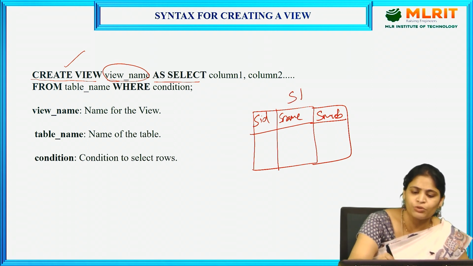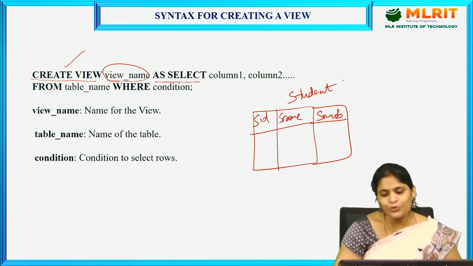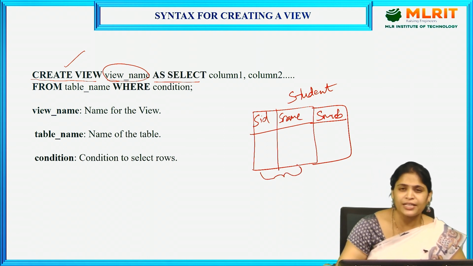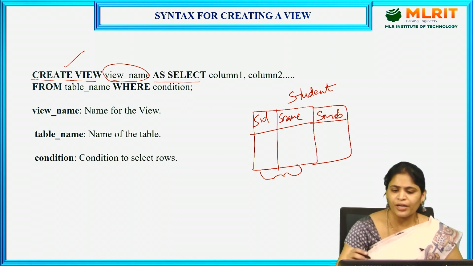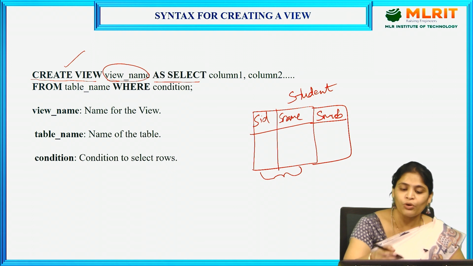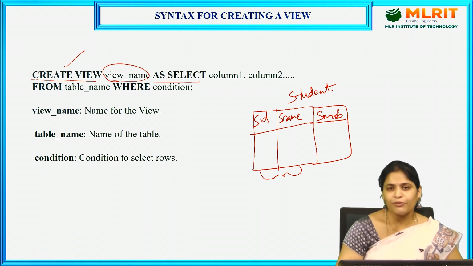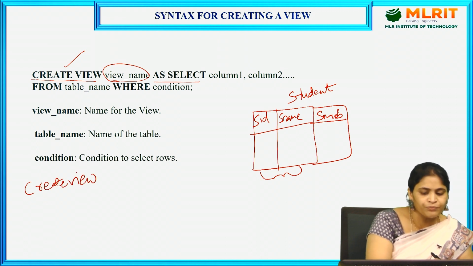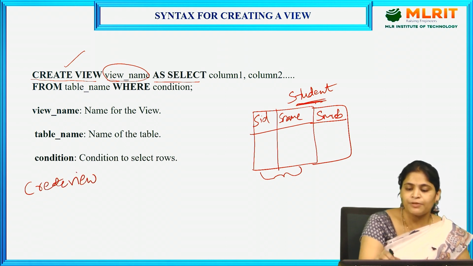This is the student table. Now the user wants to view only these two columns, SID and SName. The user may not require SMobile number. So instead of retrieving this whole table, we create one view. By considering this syntax, create view, we create a view for this existing table, the student table.